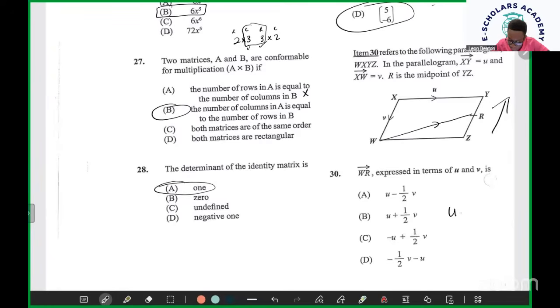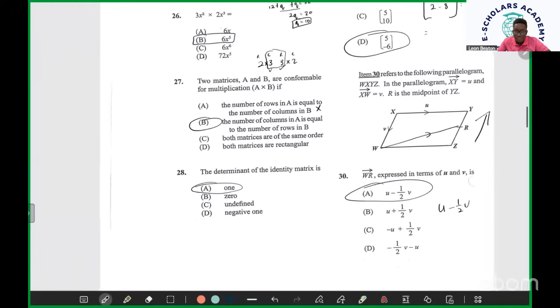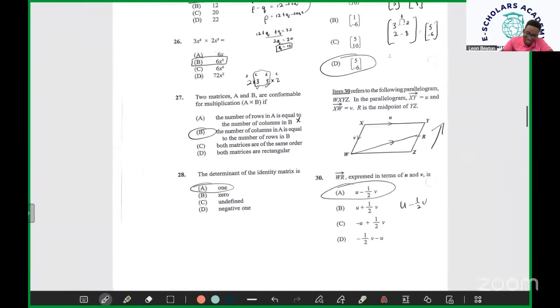So this will be minus half of v, which is simply A. We roll in business as usual.